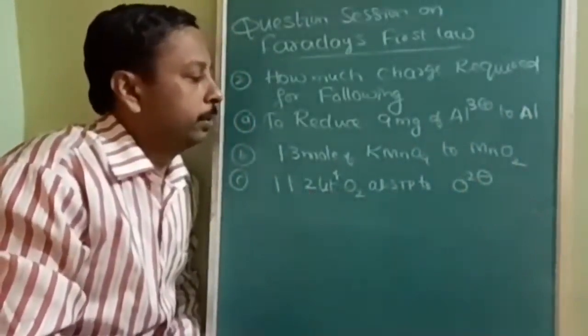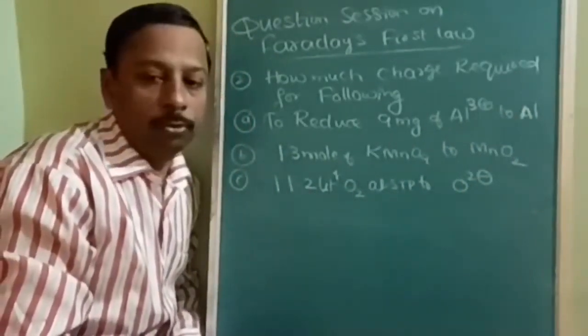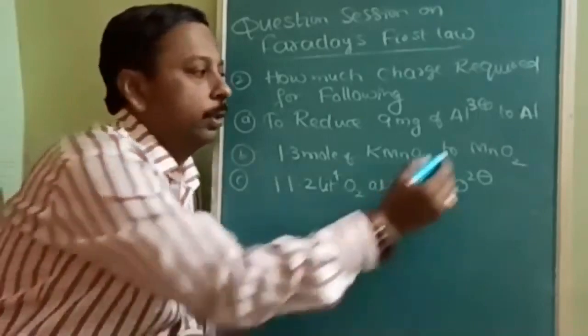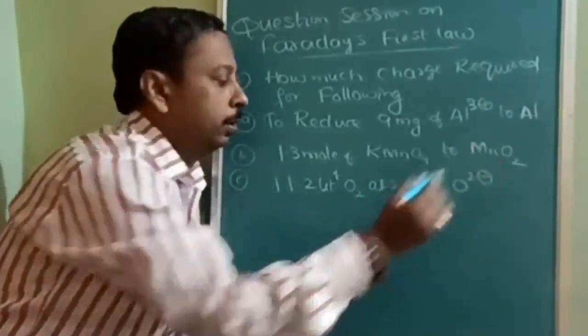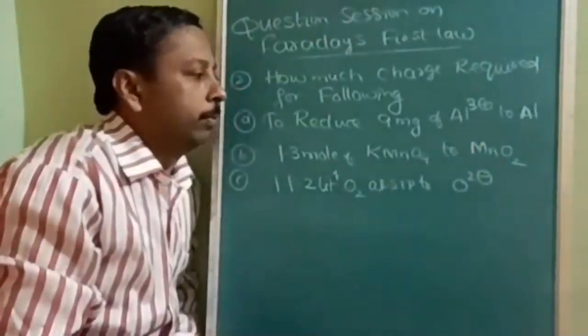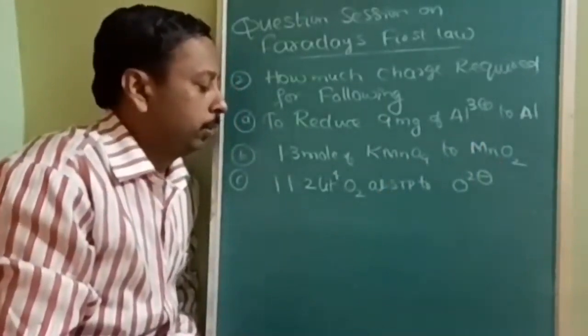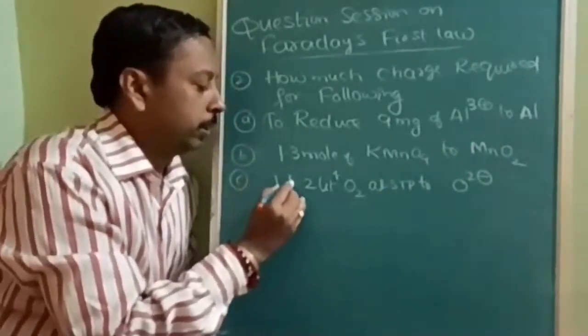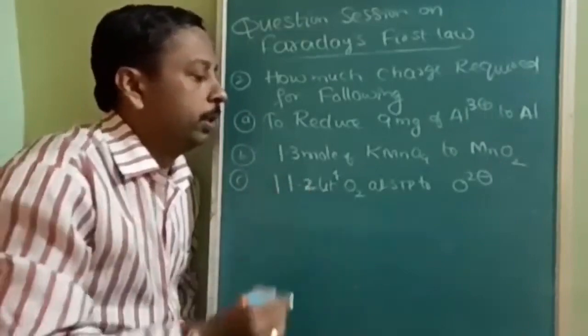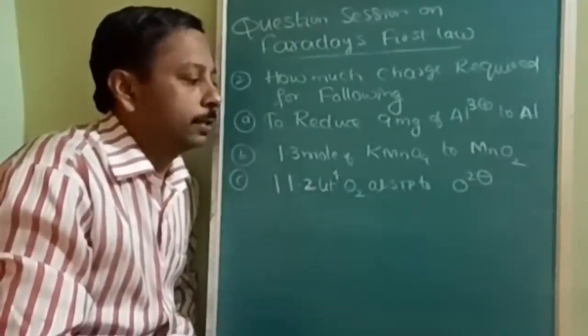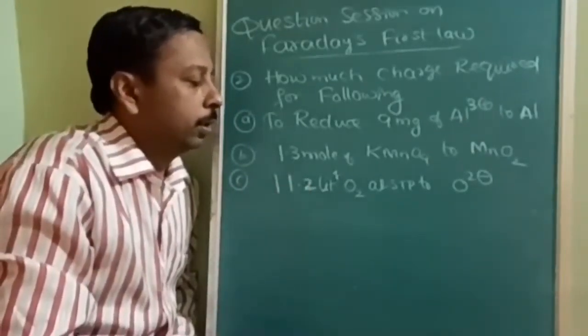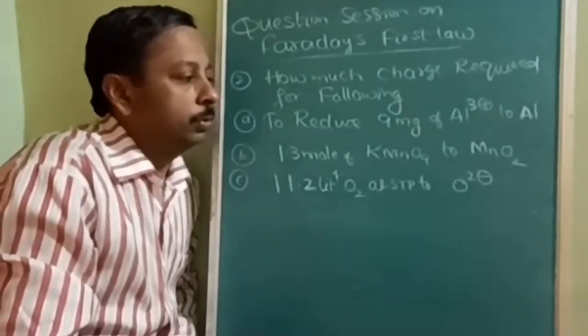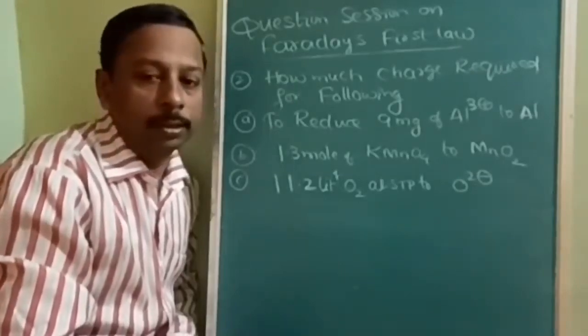Second, 1.3 moles of KMnO4 to MnO2. Then 11.2 liters of oxygen at STP to oxygen 2 minus.